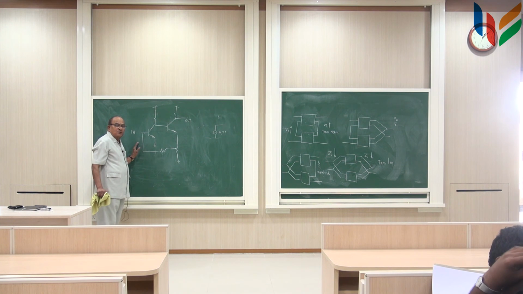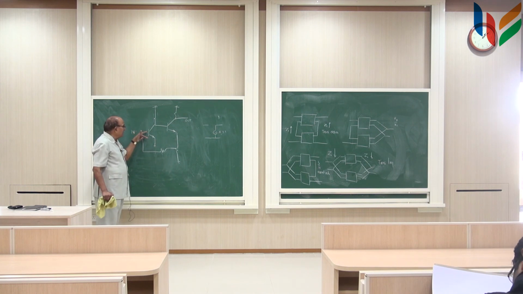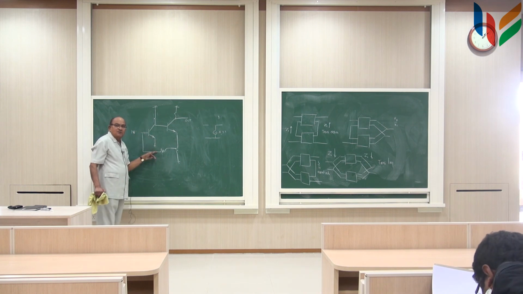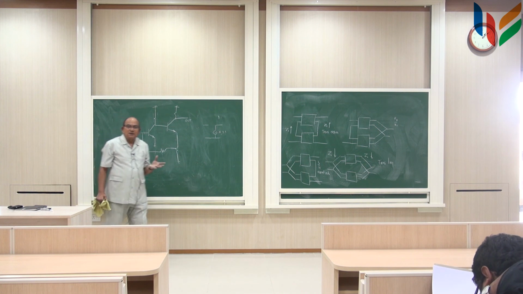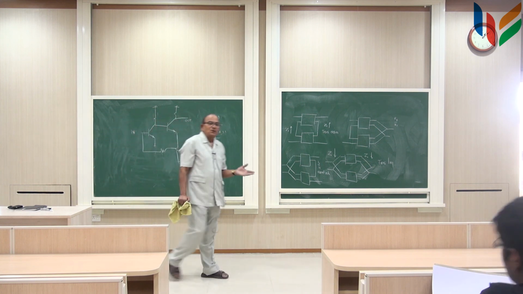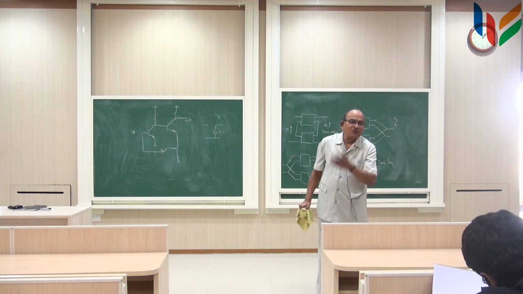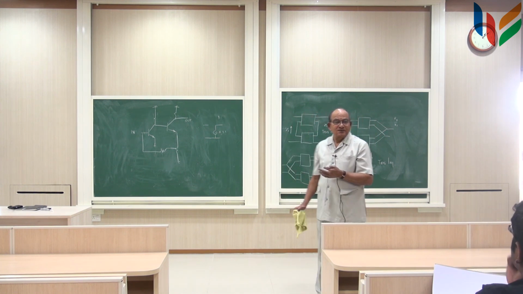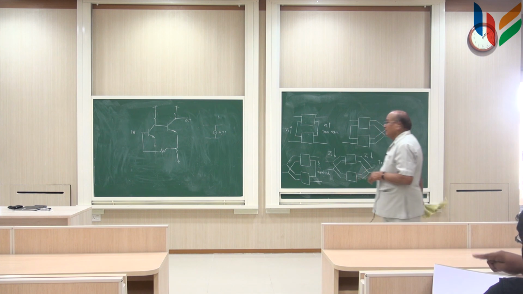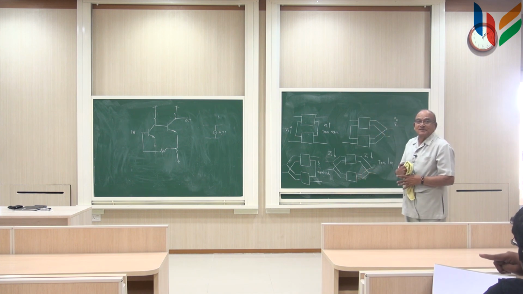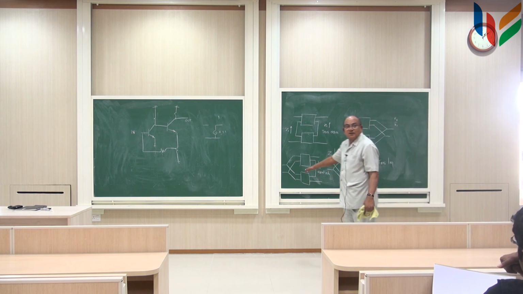What is the differencing parameter here? The input current splits into this current and this current, which means the current splits. So the input side variable is also current and the output side variable is also current. So what is the configuration here? This one, right?